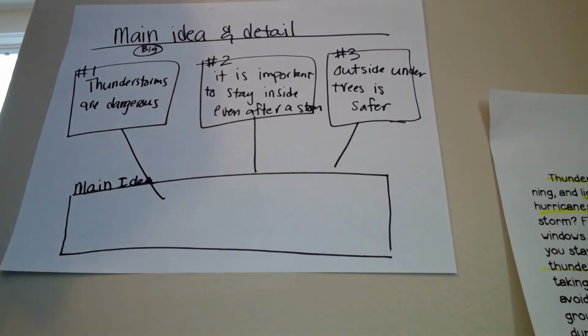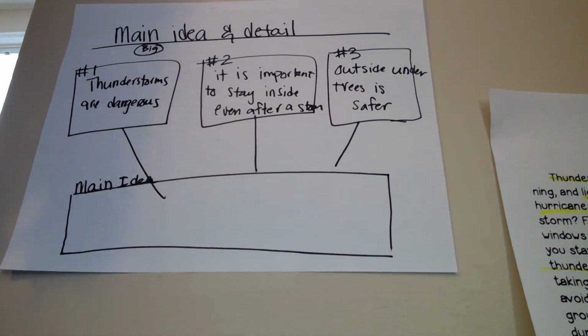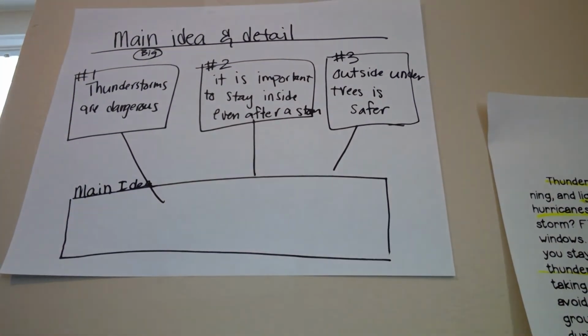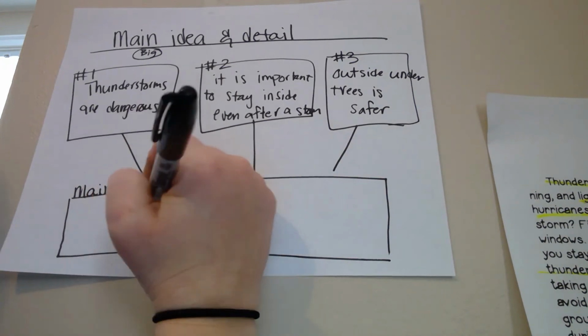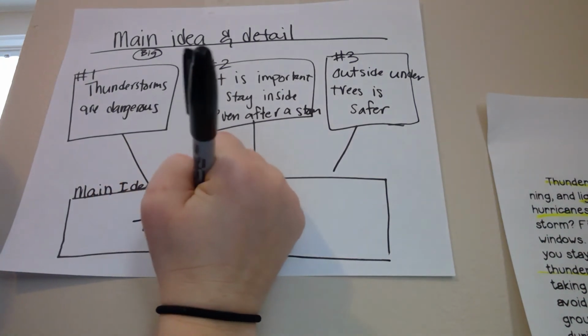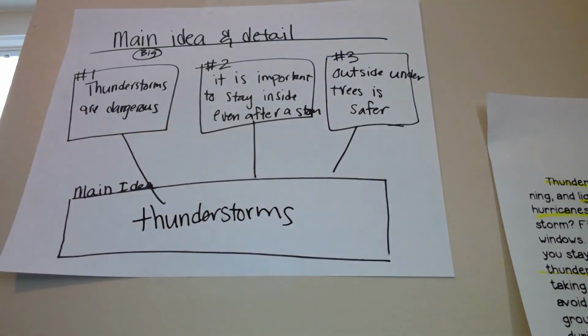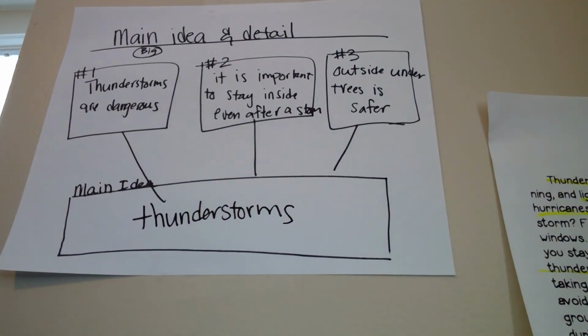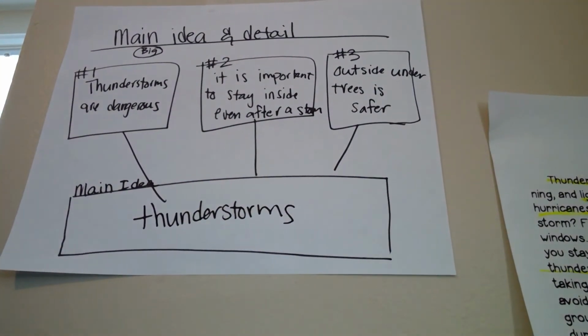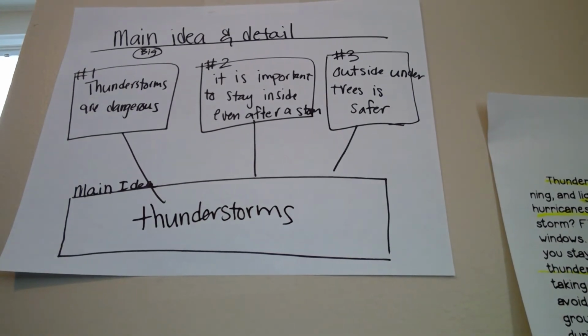So what do you think the main idea could be? One thing that a lot of times I hear 4th graders say is something like this: thunderstorms. Now, you're not wrong, but that's only part of this main idea.